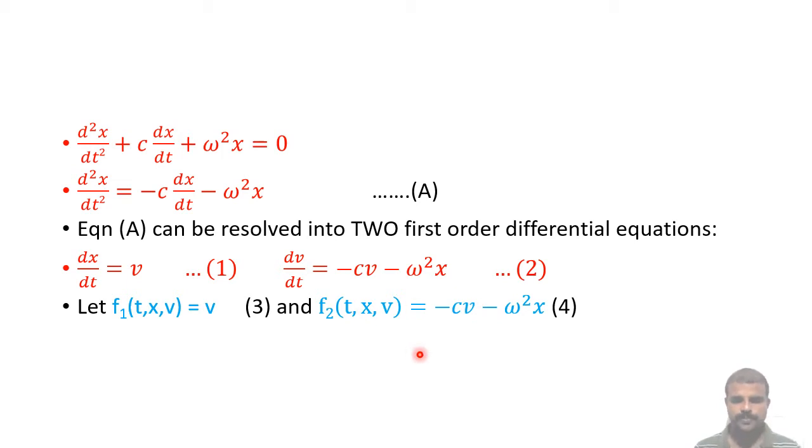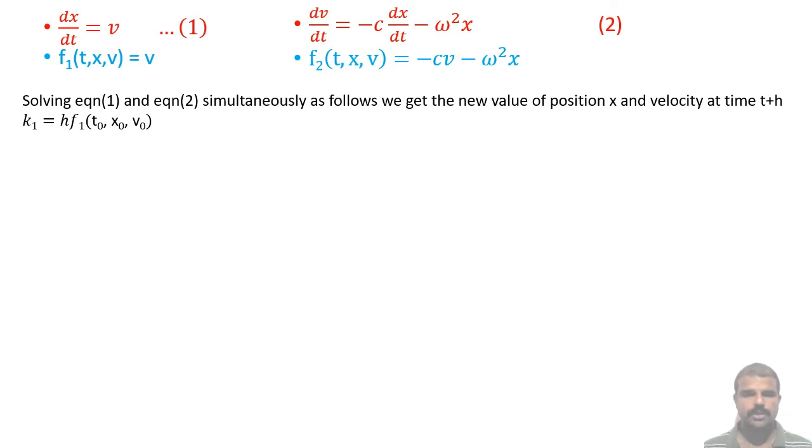So solving this you will get the new value of x, and solving the second equation you will get the new value of v at a later time t plus h. Okay, so these are the equations, and solving equation 1 and equation 2 simultaneously we get the new position x and the new velocity at time t plus h.